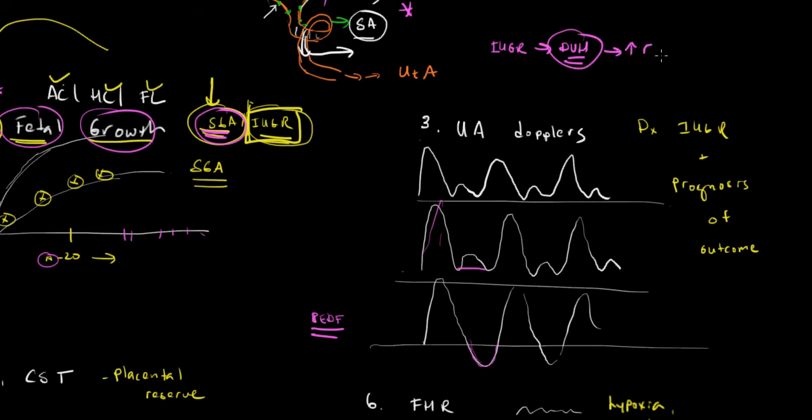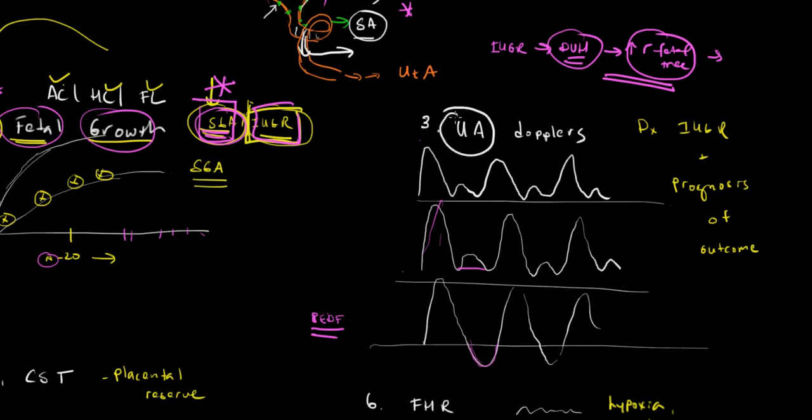And that, in and of itself, increased resistance in the fetal tree, is what separates SGA from IUGR. Because once there's increased resistance, that's pathology, that's bad. So it's not just a small baby, it's actually a baby who's clearly being underperfused. So this is really cool, because now I've just told you that by measuring umbilical artery Dopplers, you have a test that will distinguish SGA from IUGR.